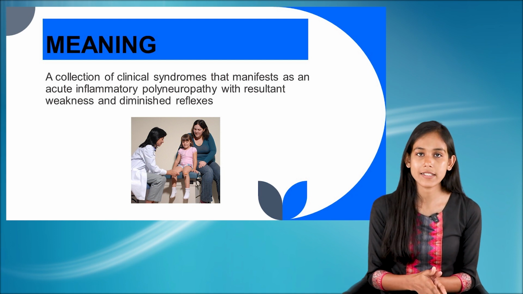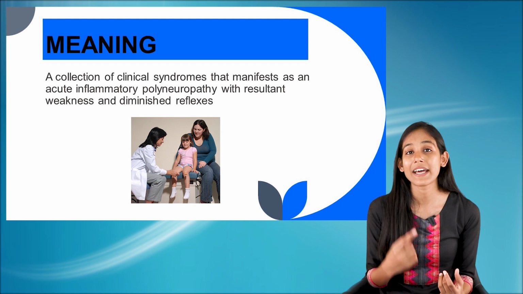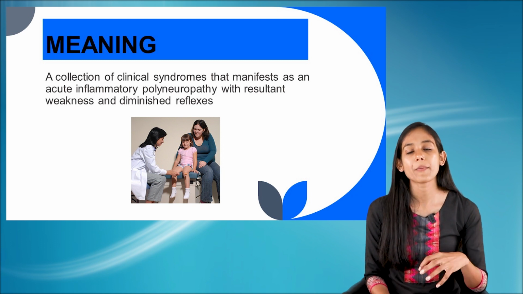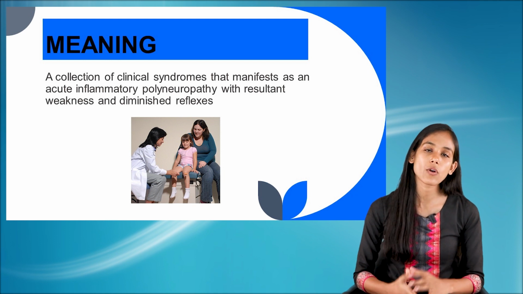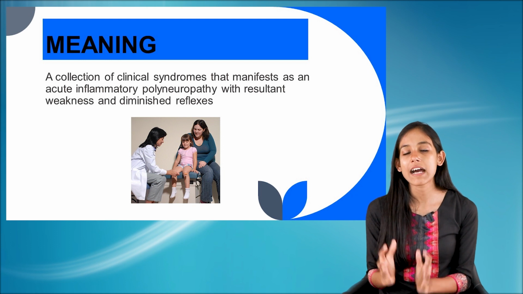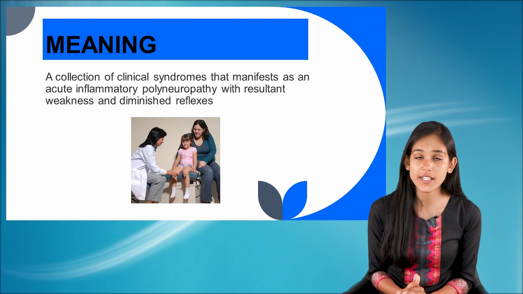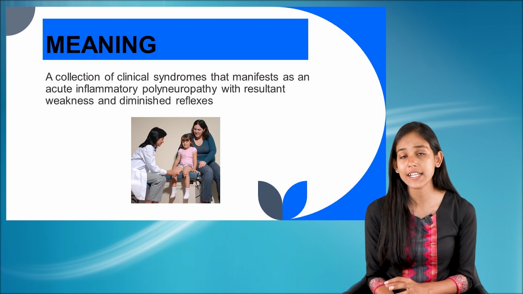That means paralysis, right? What we already saw, that it is a paralytic syndrome also. So there would be paralysis which would be symmetrical, and along with all these things there would be diminished reflexes.